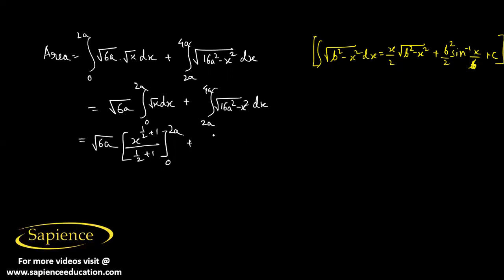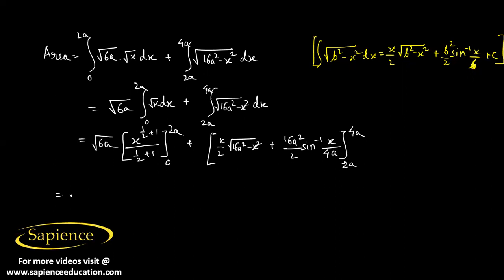That will be equal to x by 2 square root of 16a square minus x square, plus b square by 2, that means 16a square by 2, sine inverse x by 4a. That will go from 2a to 4a.